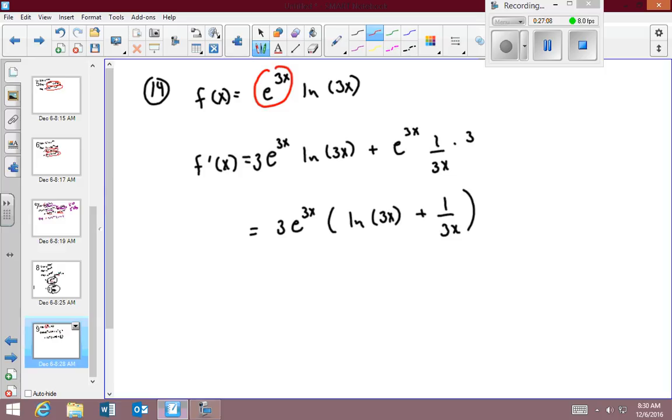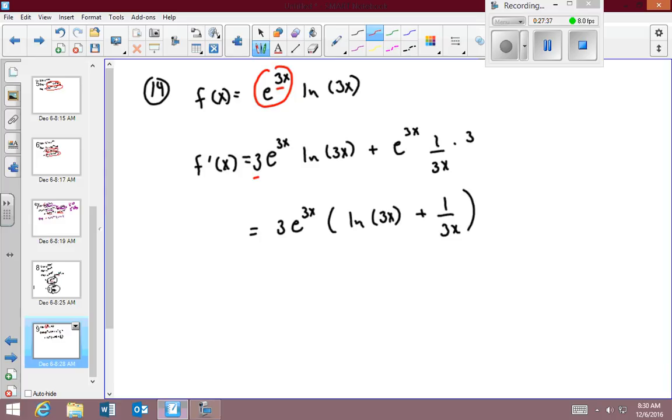Now 357, when you take the derivative, it's just this 3 is out in front, e to the 3x. So on 357, let's see what that rule says. It says when you have e to the ax, well, that's e to the 3x, where a is 3, it's a e to the ax.